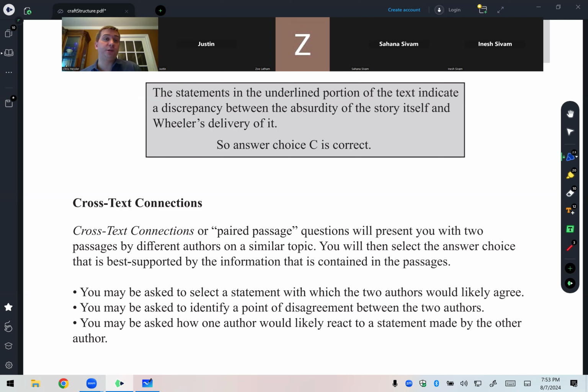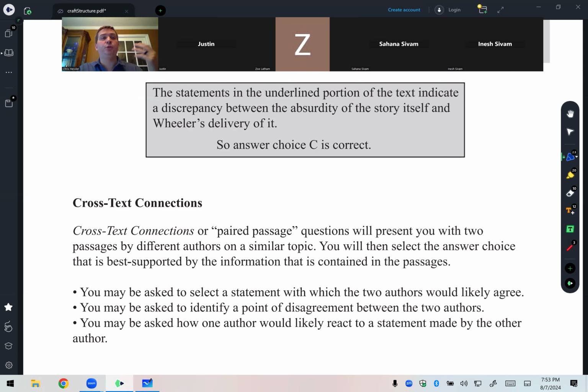There's a pro and con relationship between the two passages, even though they're both talking about the same topic, fracking. Maybe one supports it and maybe one's against it for environmental reasons or whatever reason. Just keep in mind that the authors likely disagree with one another.